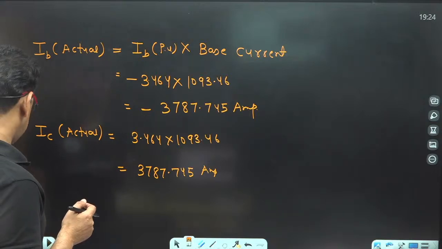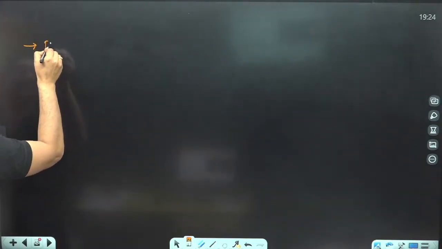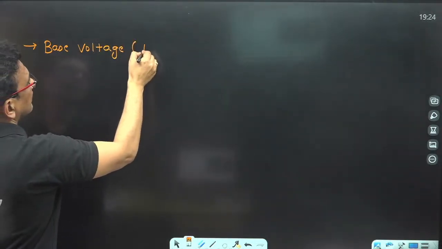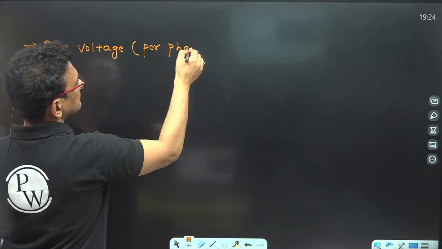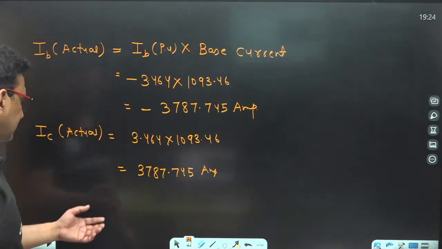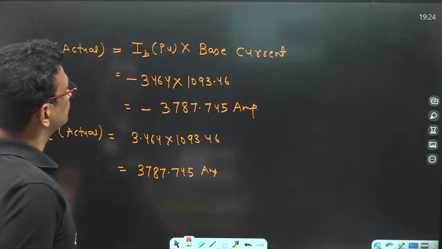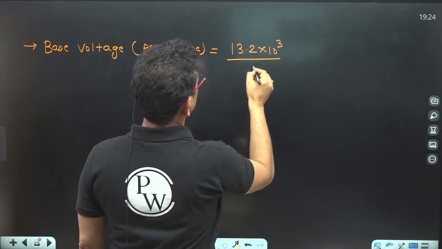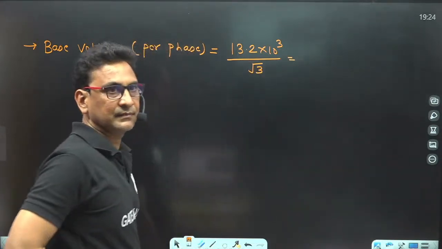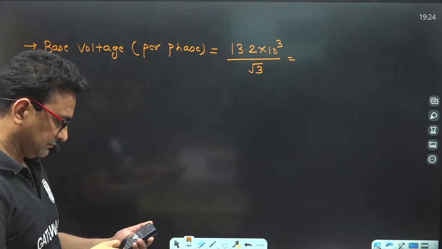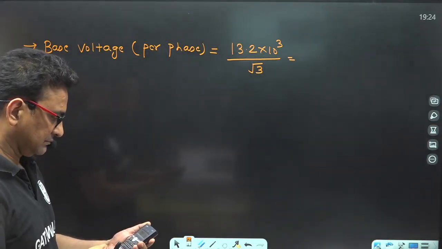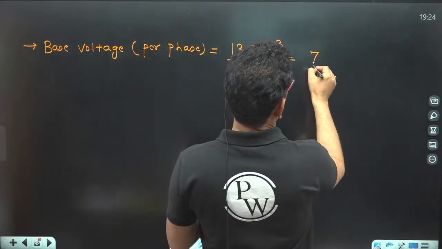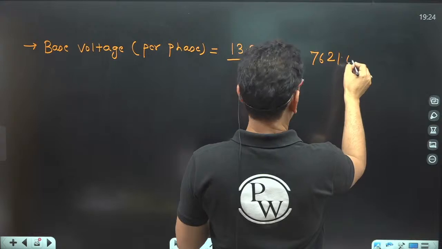So base voltage per phase is 13.2 kV divided by root 3, which is 7621.02 volt.